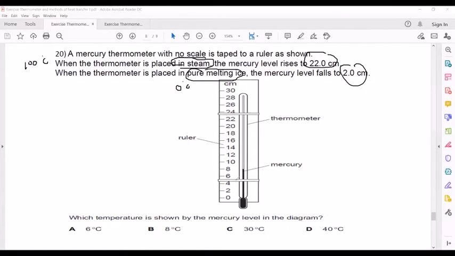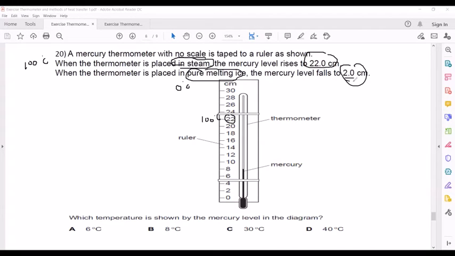So what it shows is that 22 centimeters equals 100, because when we place this thermometer in steam or boiling water, its temperature is 100 and the level is at 22 centimeters.